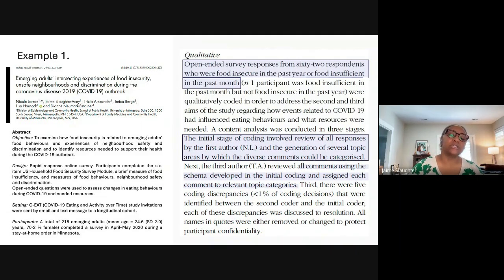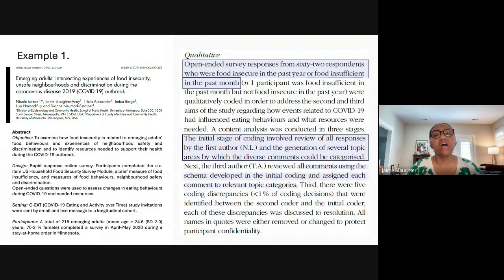But the closed-ended questions were used to assess the prevalence of food insecurity in our sample in the longitudinal cohort, to measure what the food behaviors were and if neighborhood safety or discrimination were prevalent. So in total, there were about 218 emerging adults who participated in this rapid response survey.